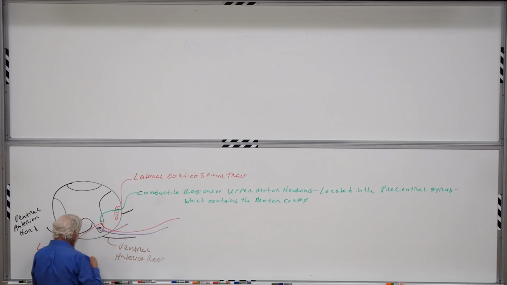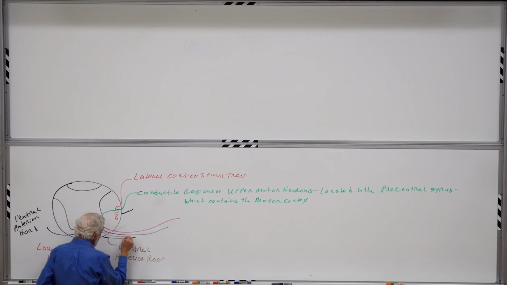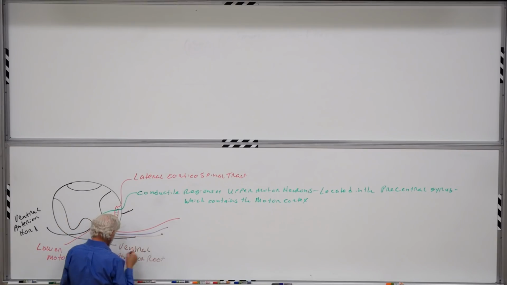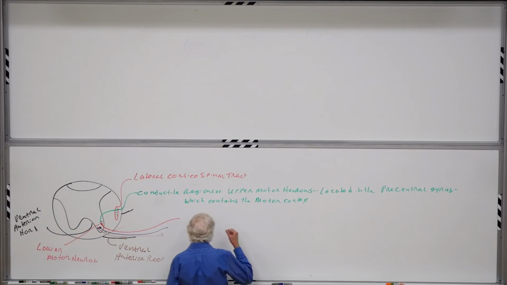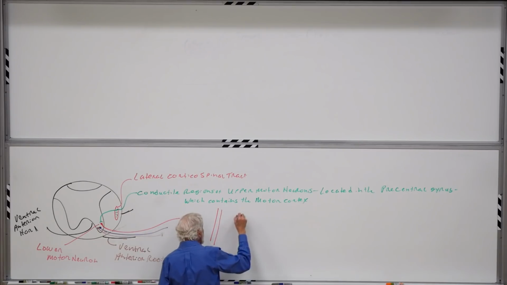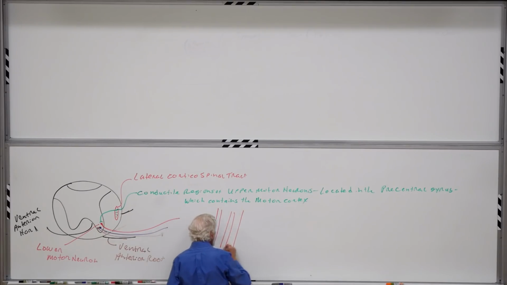And we're going to follow the process of the brown motor neuron into the periphery. And over here then, I'm going to lay out a series of muscle fibers. Each of these parallel lines is meant to represent a muscle fiber.